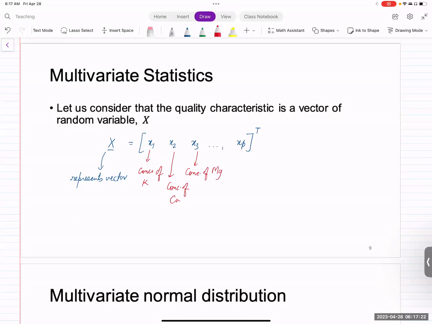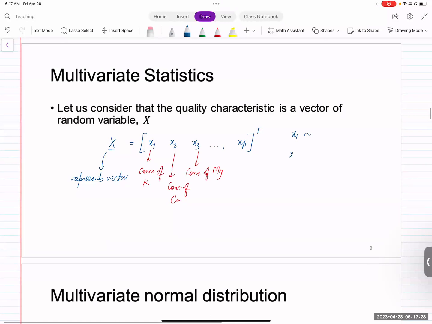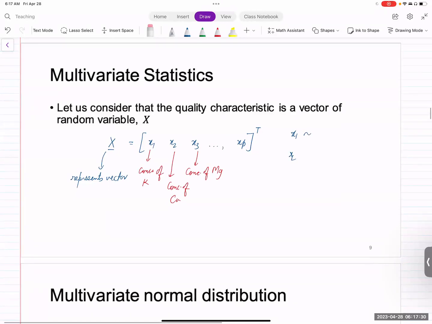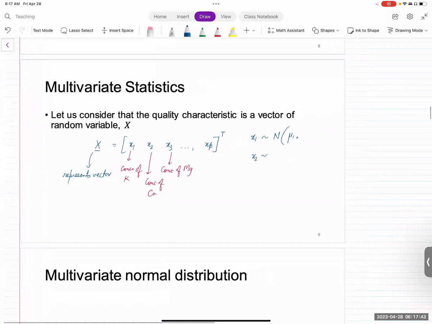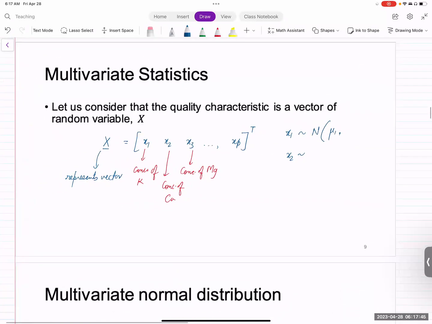So each of these individual Xs represents a quality characteristic. X1 follows a normal distribution with mean mu1, variance sigma 1 square.